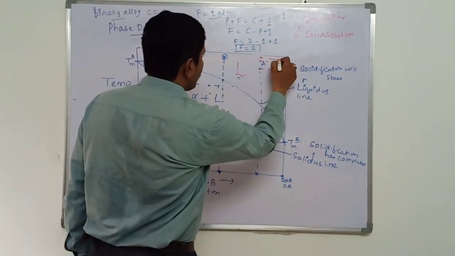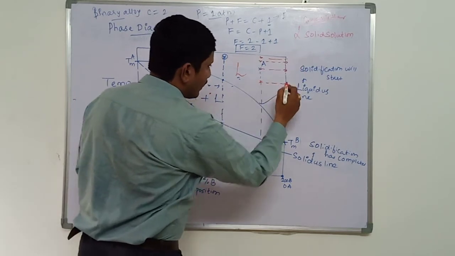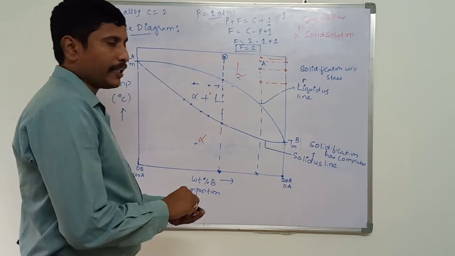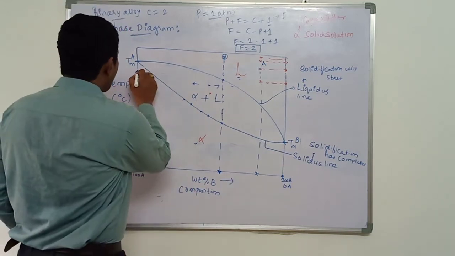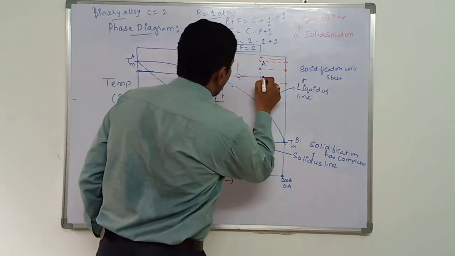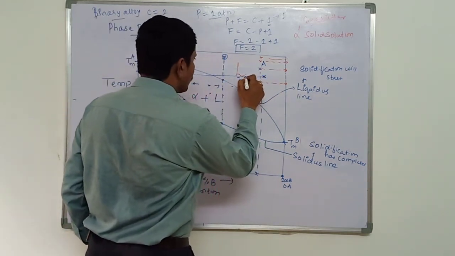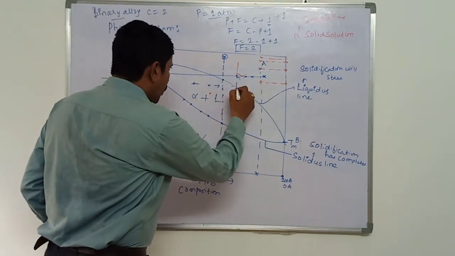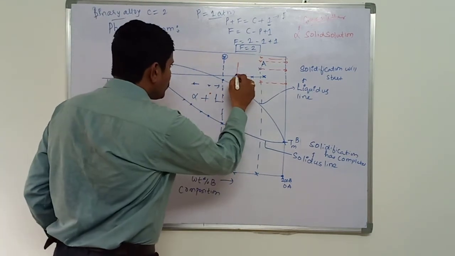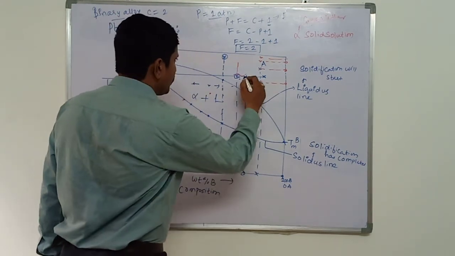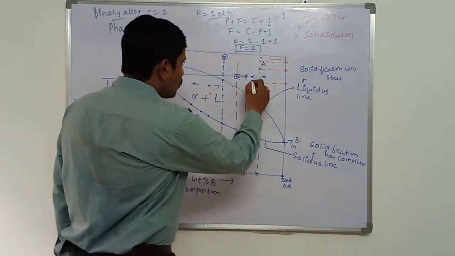At this temperature also, it is in liquid phase. And similarly, if you take a particular temperature value in this liquid area, at this composition it is in liquid phase. At this composition it is in liquid phase, and so on.